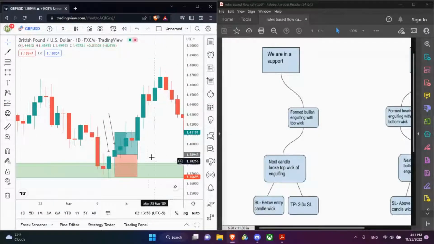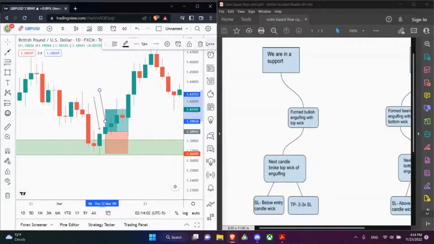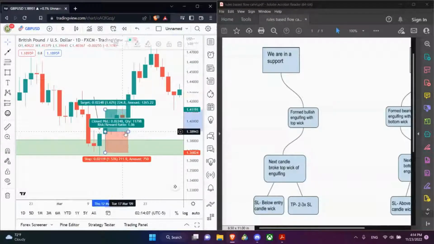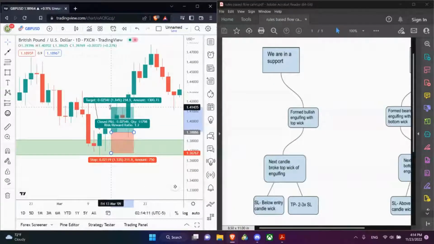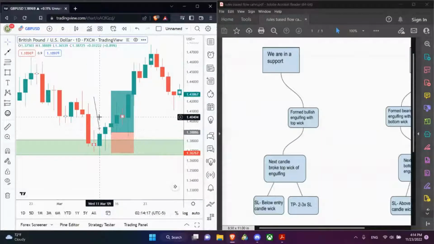Stop loss is below entry candle wick. Okay, so we are going to move our stop loss below the entry candle wick right there. And then we are going to make sure we have a 2-to-1 risk reward all the way right there. Okay. So it looks like this one would have been a win as well.